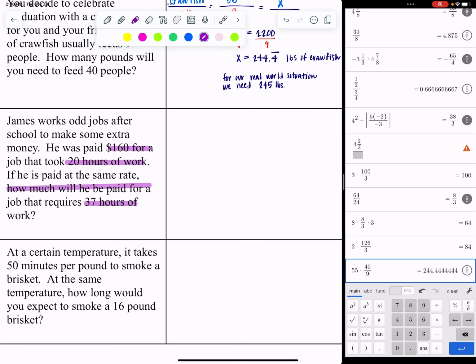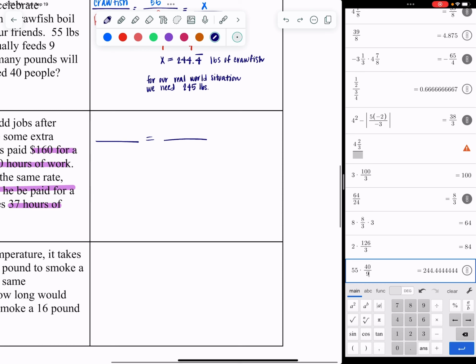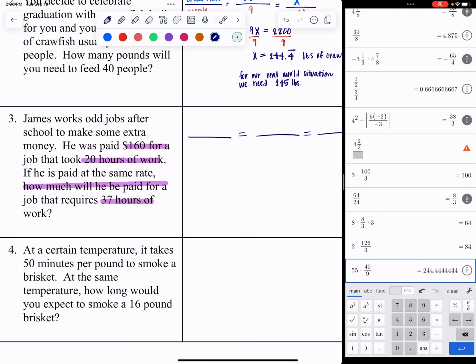So here we go. I'm going to set up my ratios. I may not need all three of those, so I'm going to hold off. Yeah, I'm going to use all three. So we've got money and hours.